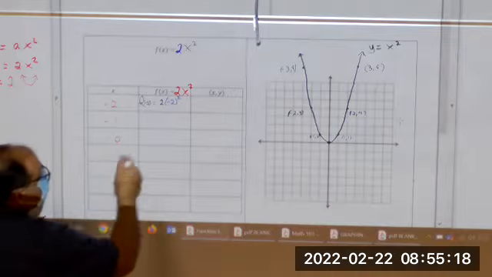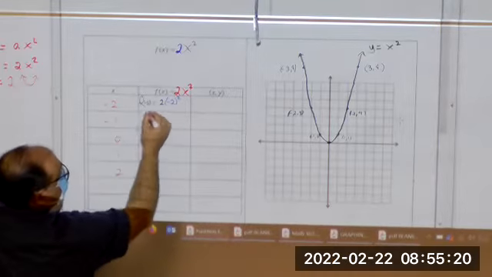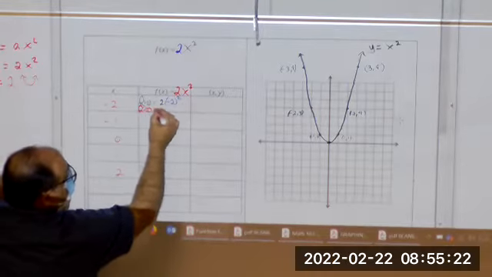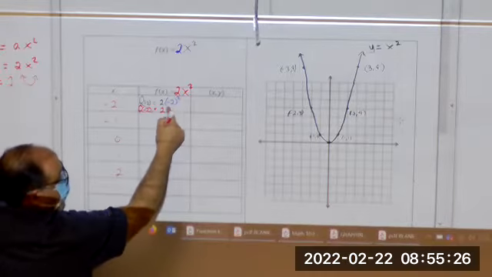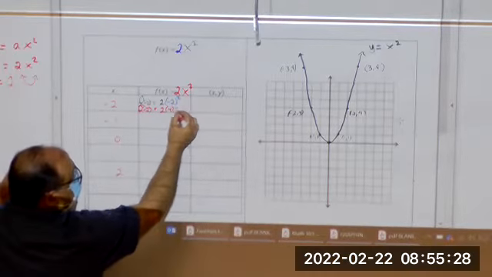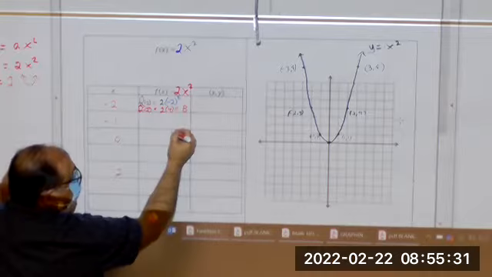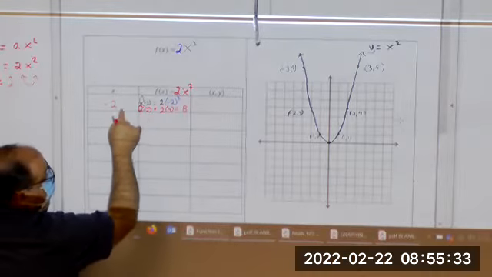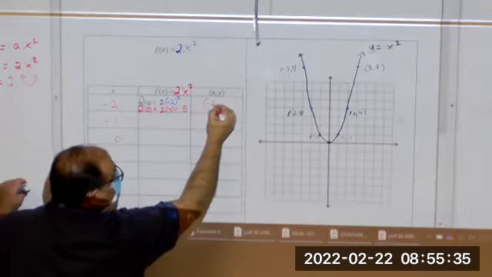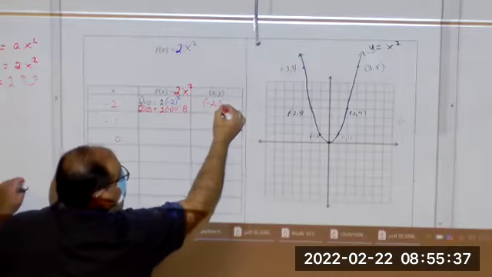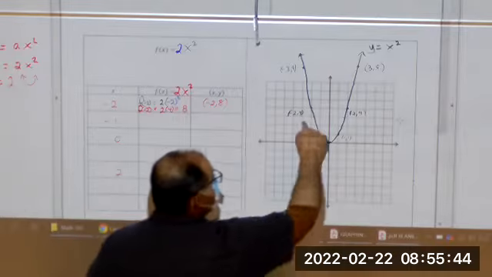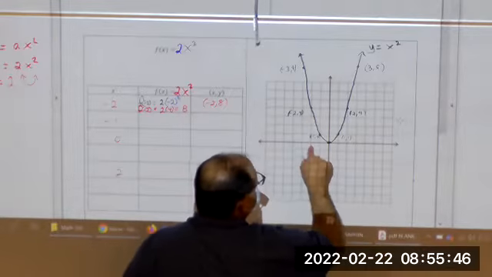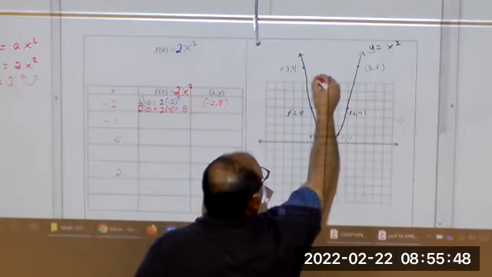A -2 times a -2 is a +4. 2 times 4 gives me 8. So the ordered pair, x is -2, and the y is an 8. So when we plug in -2, the y is an 8 right here.